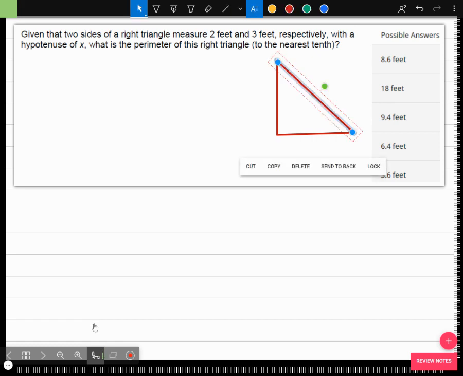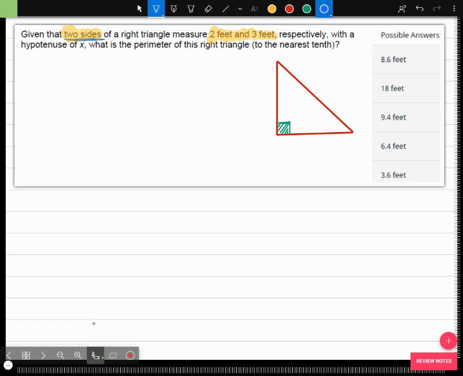So there is a right angle triangle, which means one angle is 90 and the sides are given. Two sides are given as 2 feet and 3 feet.